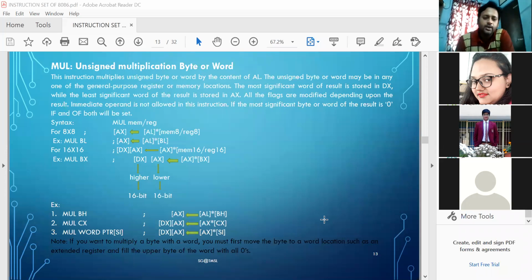Okay. So welcome to the next session. The next instruction is multiplication and division. Multiplication is performed by this instruction, which is called signed multiplication, byte or word. The syntax is MUL.